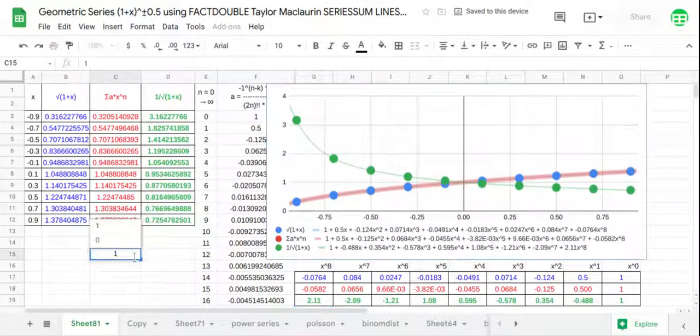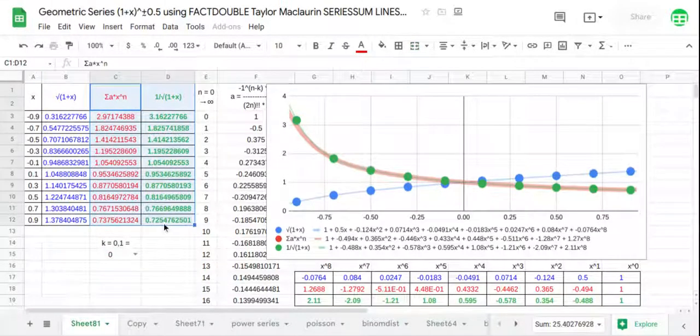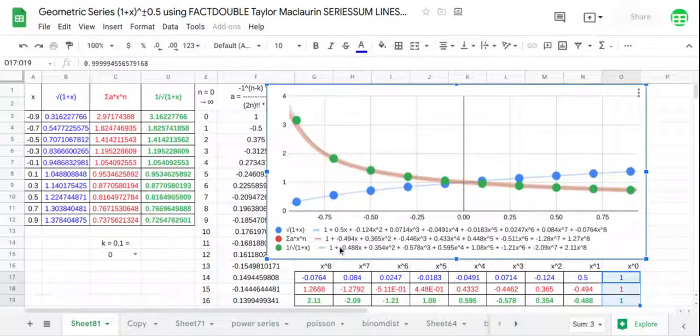So let's start with k equals 0. So k equals 0, the expansion approximates the reciprocal. Likewise the polynomial regression coefficient approximates the green one. So our coefficient will be 1, 1, 1.